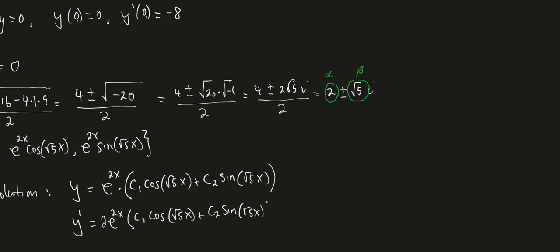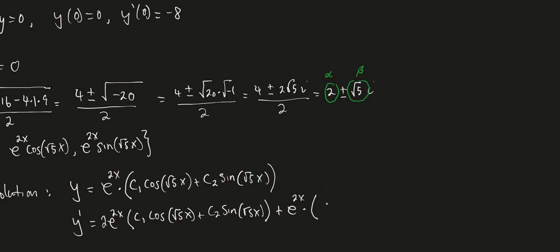Right, like that. And then plus the first, which is this, e to the 2x times the quantity. Well, I have to differentiate what's inside, so I'm going to have to use the chain rule here and the chain rule here. So when I differentiate cosine, I'm going to get negative sine, but then I'm going to have to multiply by the derivative of the inner.